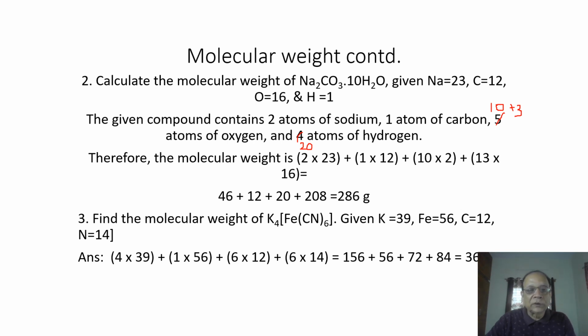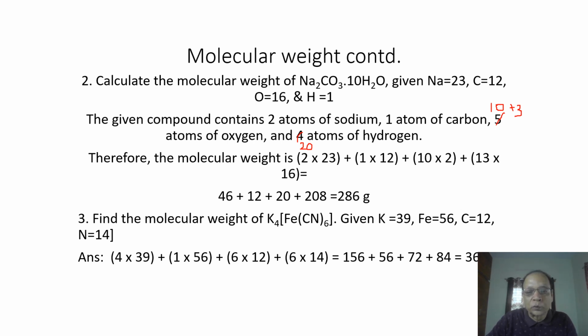Again, we have another compound. This is a complex compound. Find the molecular weight of K4Fe(CN)6 given K equals 39, Fe is 56, carbon 12, and nitrogen is 14.